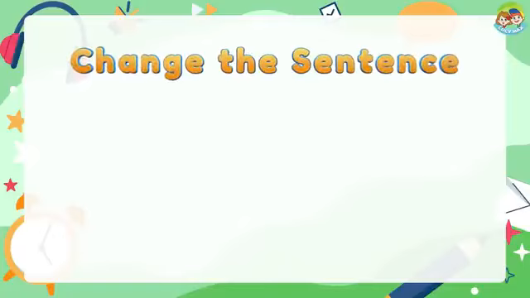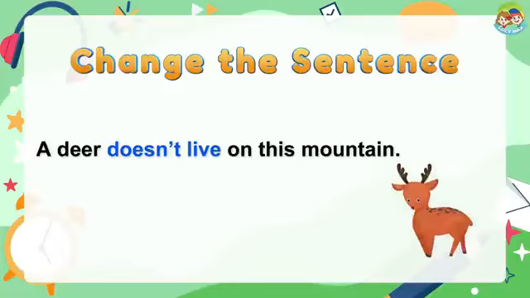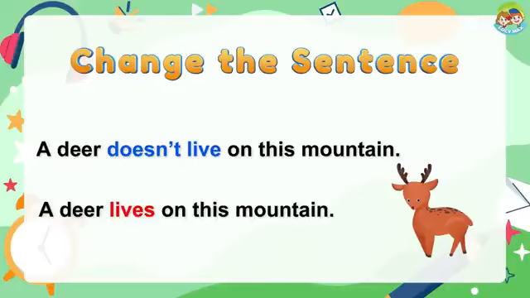Change the sentence into a positive sentence. A deer doesn't live on this mountain. We have one deer, so we put an S on the verb lives. The new sentence will be, a deer lives on this mountain.